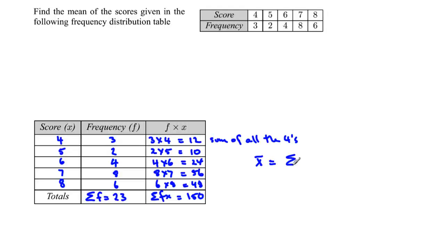We take the sum of the FX column and divide it by the sum of the frequency column. So we take the total that they all add up to, which is 150, and divide it by 23. Now, I'm going to go and get my calculator to do this. I'll pause it while you do the calculation, and we'll check our answers together.